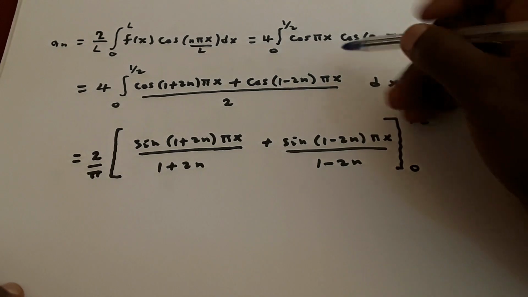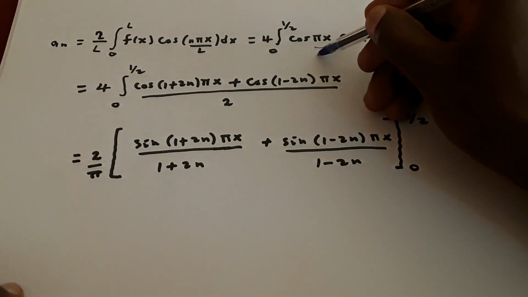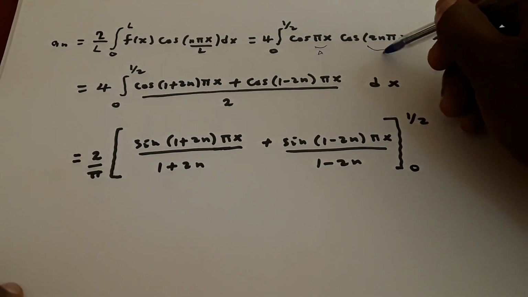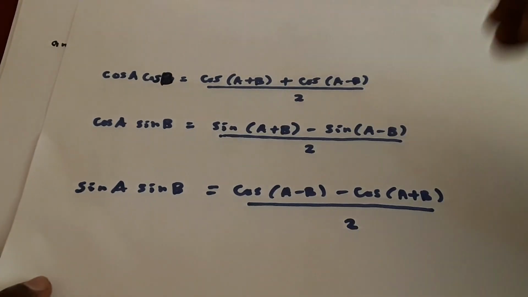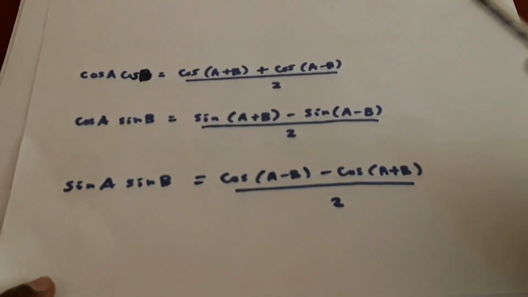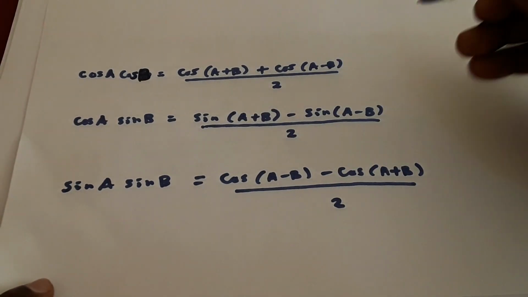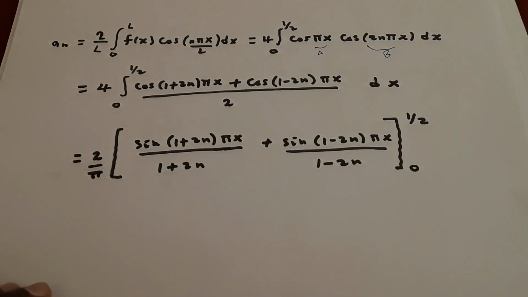So we have cos A cos B. You remember from the previous discussion, cos A cos B is the cos of A plus B plus cos of A minus B, over 2.